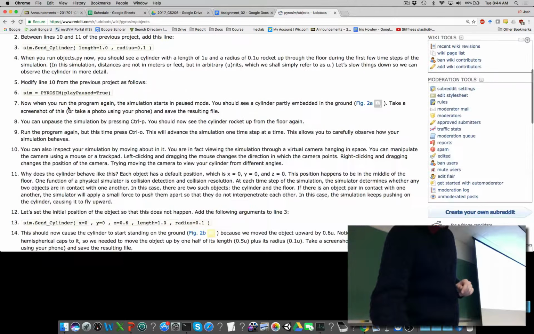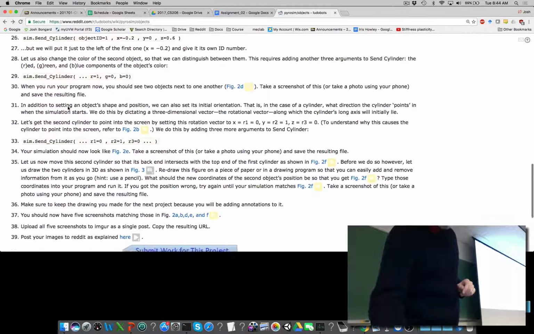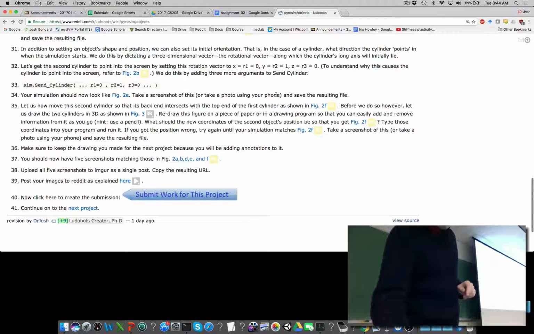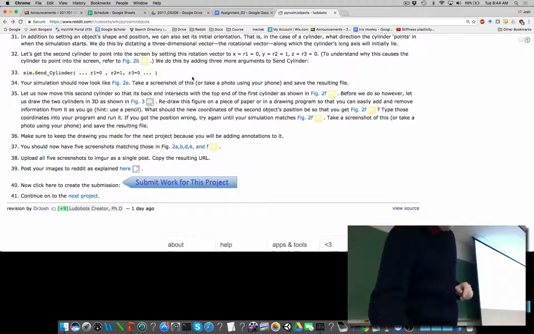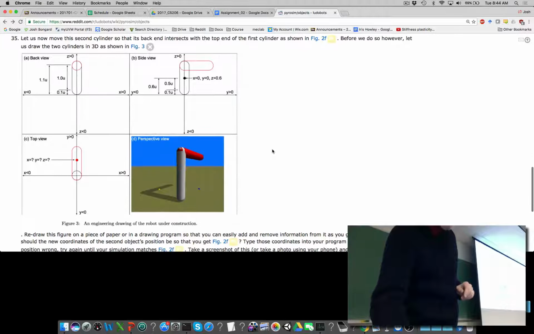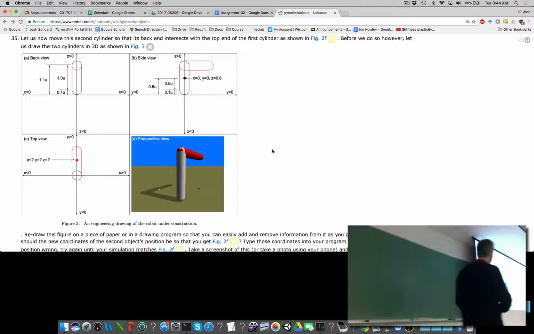Let's go back a little bit to, in the assignment on objects, if I can find it here, you're going to be sketching an engineering drawing so you can keep track of all of these positions and orientations. So an engineering drawing is a drawing of some 3-dimensional object or a collection of objects. The normal way to do this is take a sheet of paper, break it into 4 panels. You're going to have a back view, a side view, and a top view of your robot.